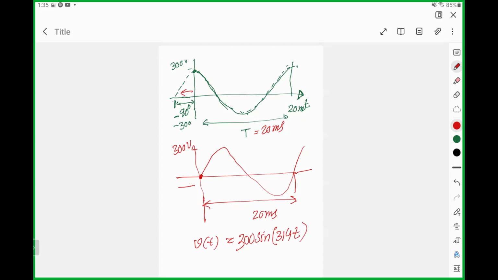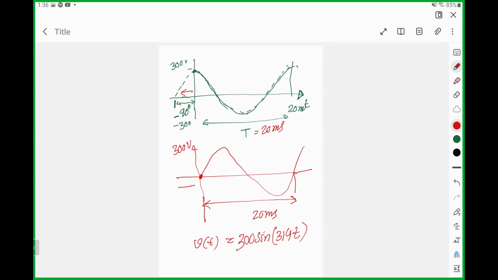Now, what would be the equation on the top? Can we get that in two portions? What do you mean by two portions? The portion before the 0 and after the 0. No, this is one wave, so there will be one equation, right? We just subtract the angle.